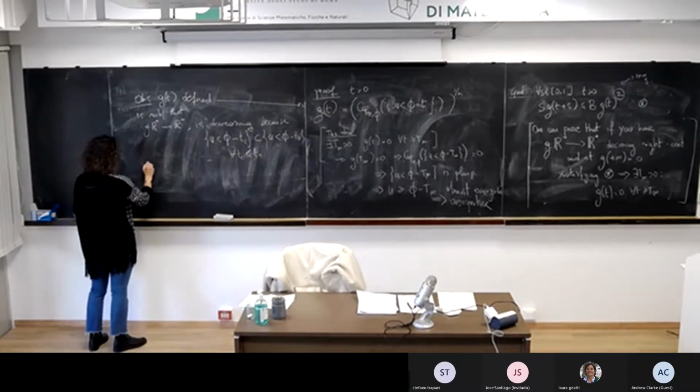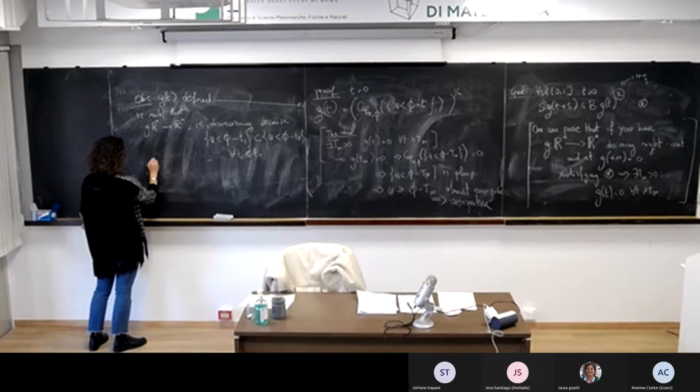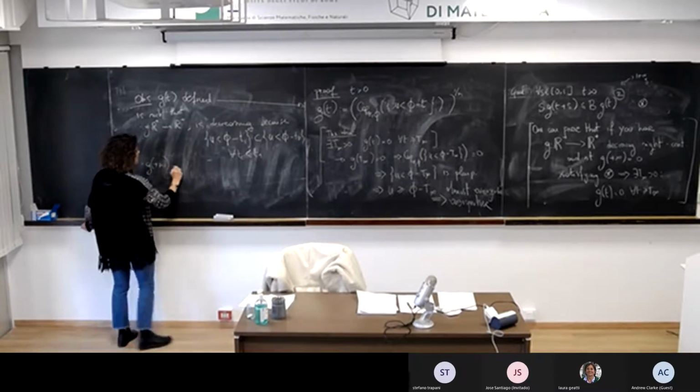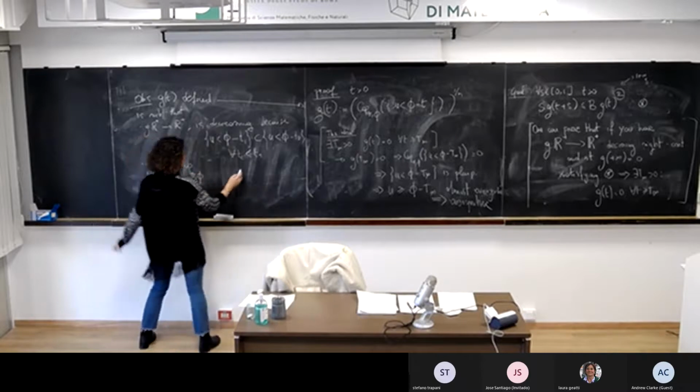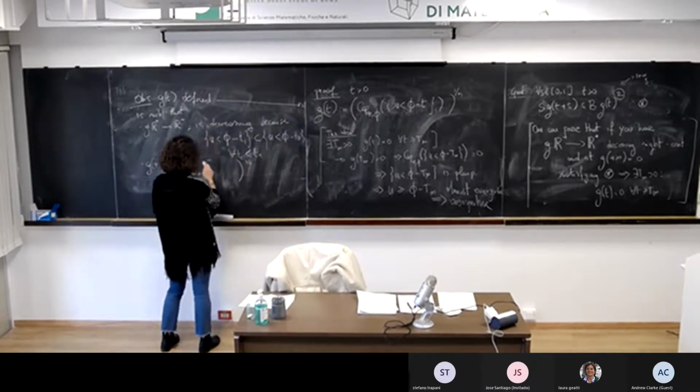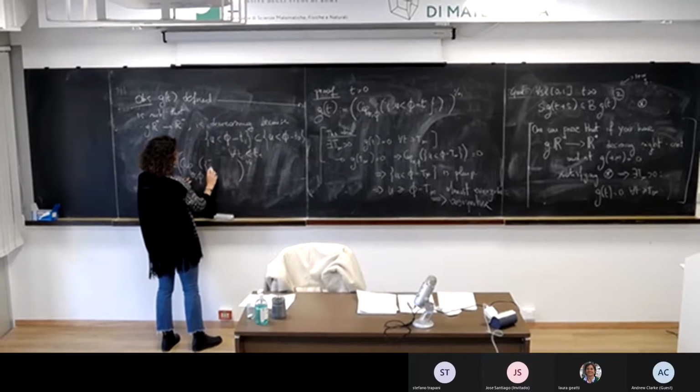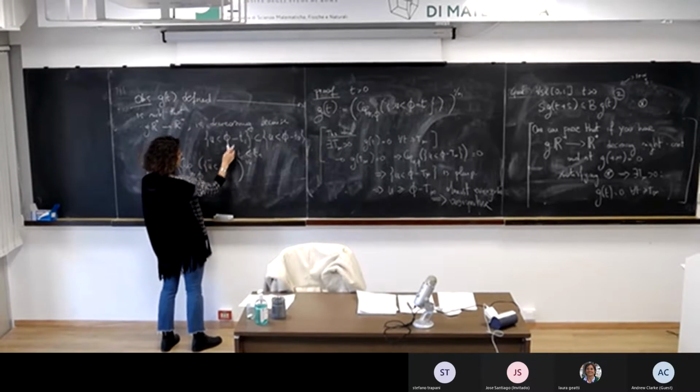And moreover, the g of plus infinity is the capacity with respect to theta and phi to the power 1 over n of the set u less than phi minus infinity.